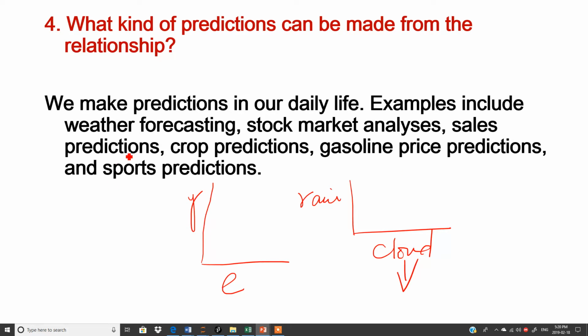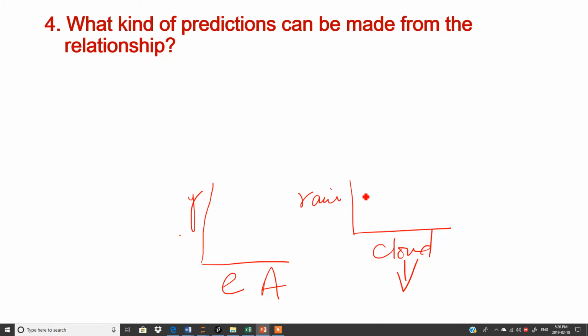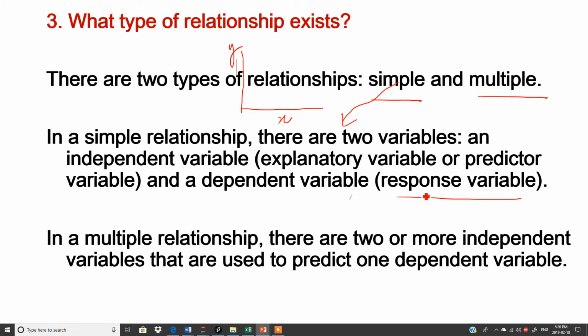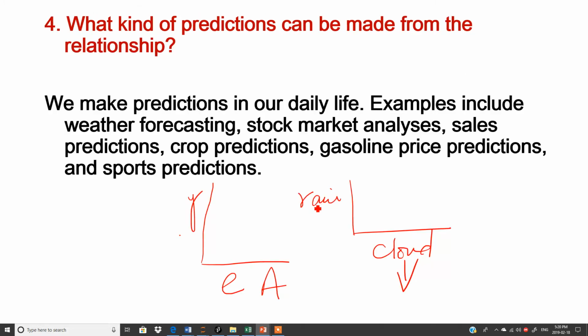Similarly, sales predictions. If we have a good advertisement, advertisement we will take on the x-axis, and sales depend on advertisement, so sales we will take on the y-axis. So the y-axis is the response variable, as I have written here, and the x-axis is the predictor variable.